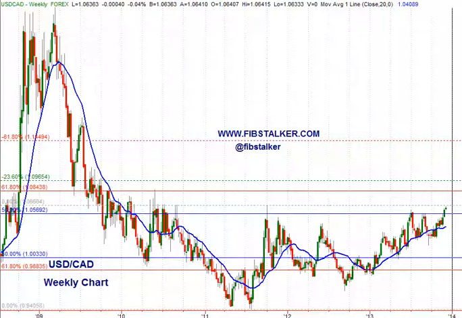So this whole area of resistance that is 3 years old now has been holding price lower.